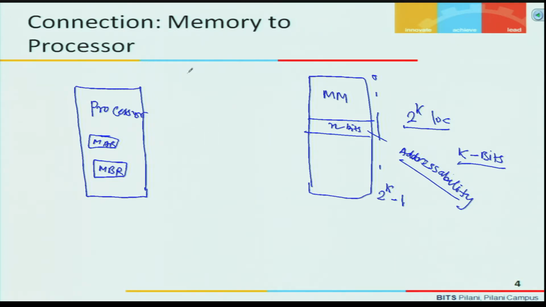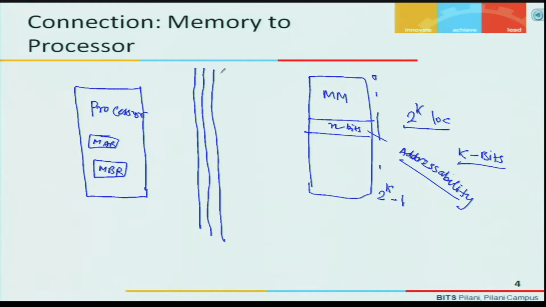In the communication part, the system bus is used. The system bus has three parts, or the lines or wires are logically divided into three groups.